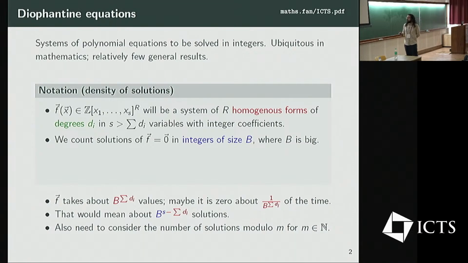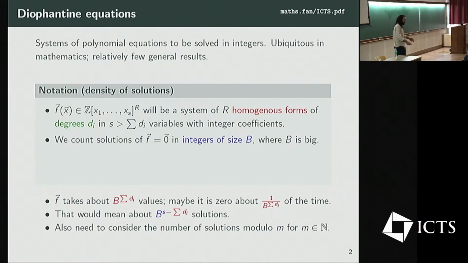So what answer should we expect? I've said that the question we're asking is how many solutions are there in whole numbers of size B? We have sophisticated predictions, but just to remind you of the basic idea, the form f_i has degree d_i.